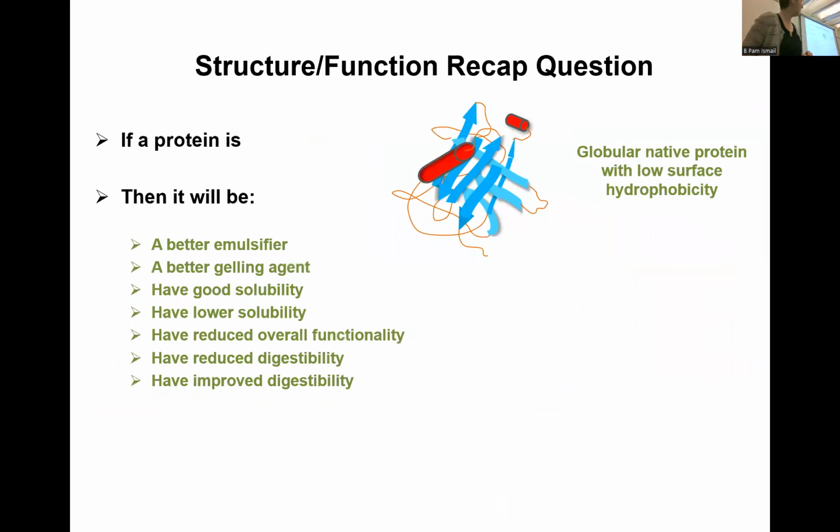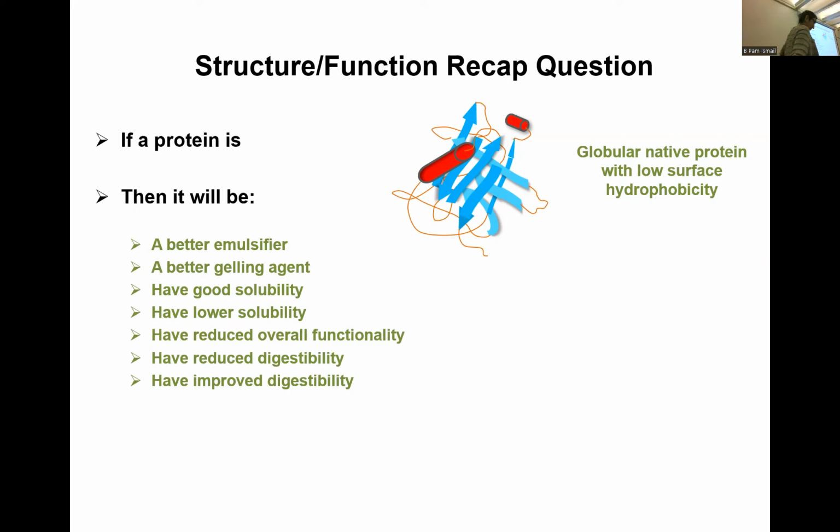Okay, so let's see. Just a recap, I don't know why I have it here, but it's right there. So a globular native protein with low surface hydrophobicity, would it be a good emulsifier, a good gelling agent, have good solubility? What do you remember?